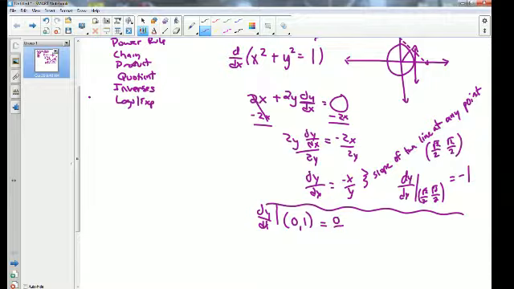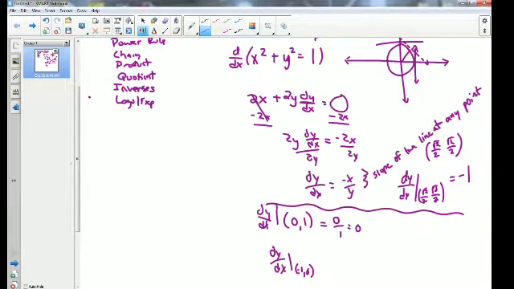That is a horizontal tangent line. And the other one, y divided by 0. At pi, 0. No. You can't divide 1 by 0. At pi, negative 1, 0? They're similar.